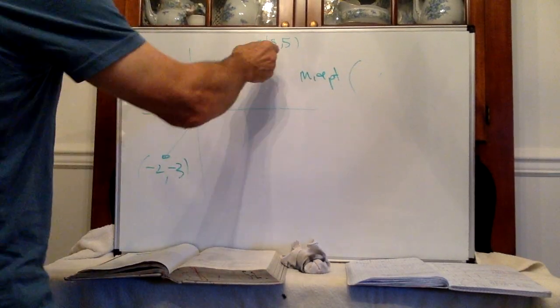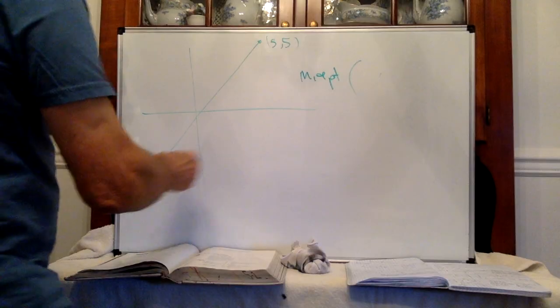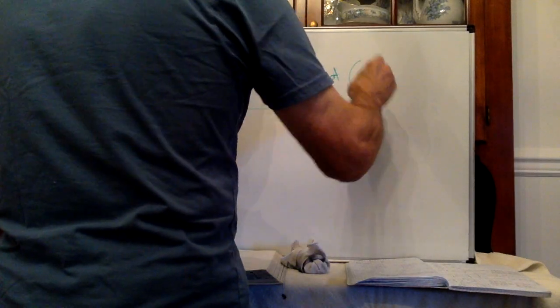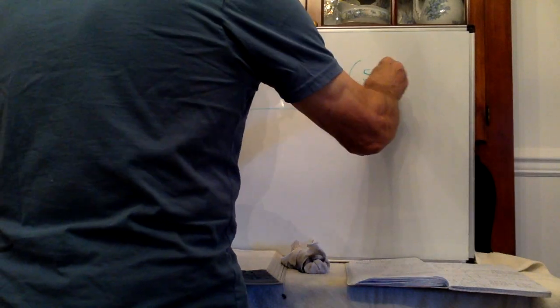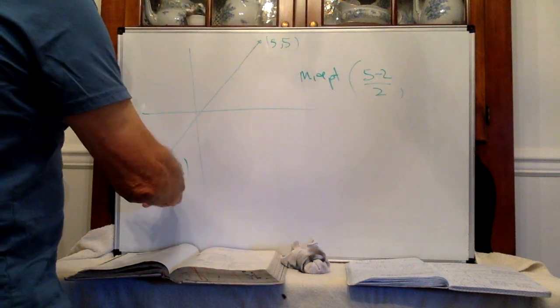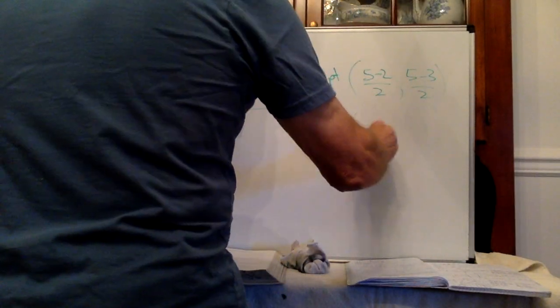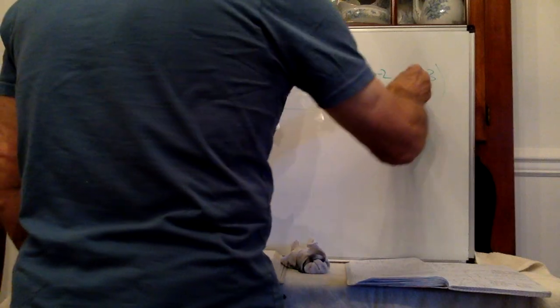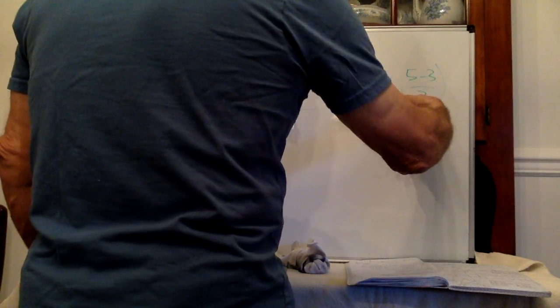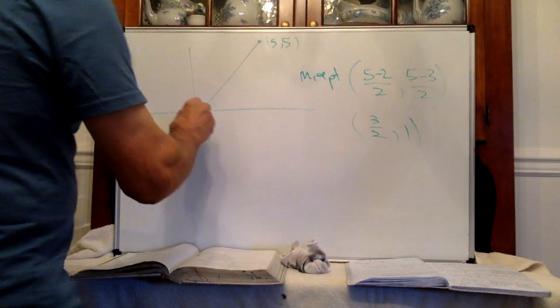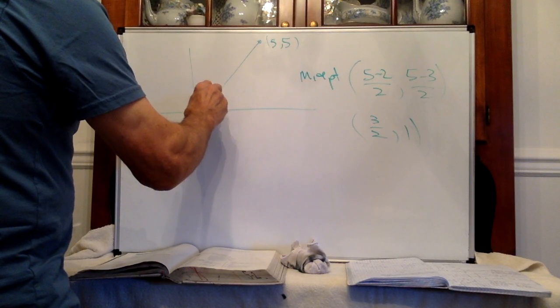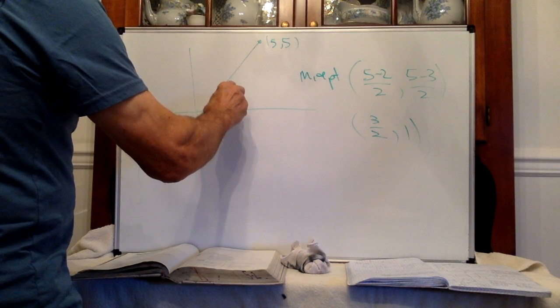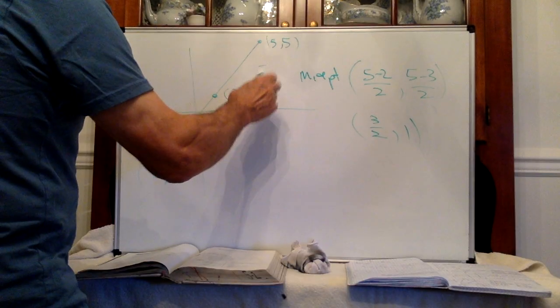Add the two x's together: 5 plus a negative 2 is 5 minus 2, over 2. 5 plus a negative 3 is 5 minus 3 over 2. 5 minus 2 is 3, so I get 3 halves, 1 1/2. 5 minus 3 is 2, 2 over 2 is 1. So the midpoint is going to be right in here. This coordinate will be 3 halves, comma, 1.